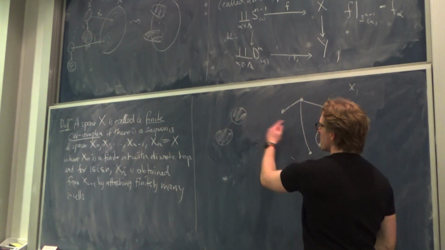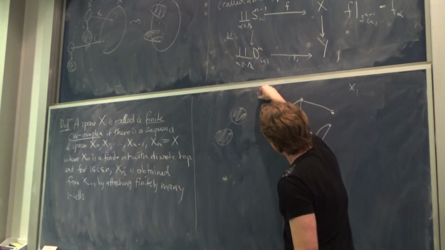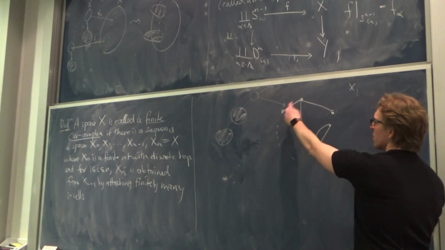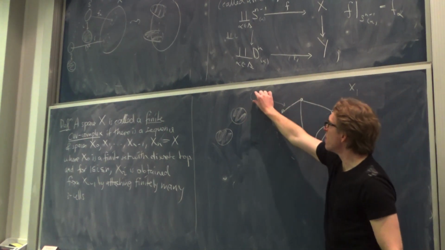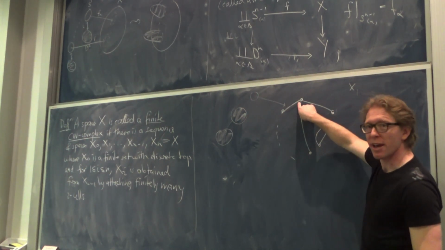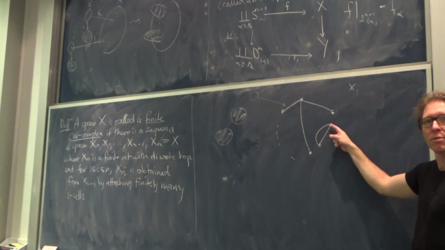And then I would have attaching maps that tell me how to glue the disks. So the attaching maps would be maps from the circle into a space like x1. Well, maybe it collapses the whole circle down to just an edge. Or maybe it maps the circle into something that looks like that in the graph, so a cycle in the graph.